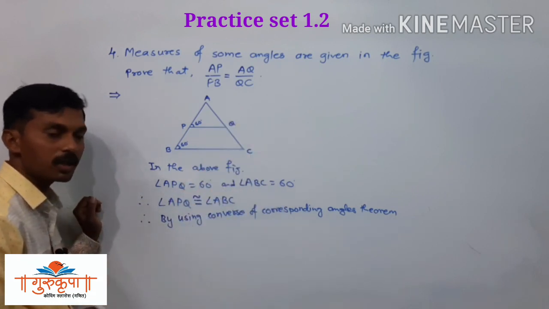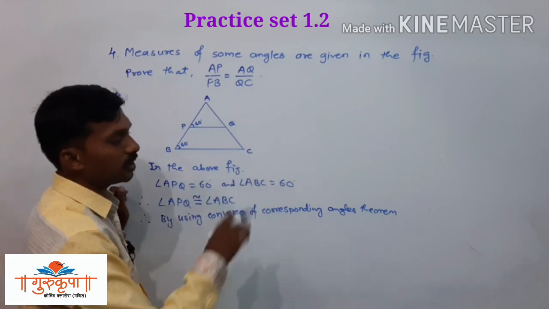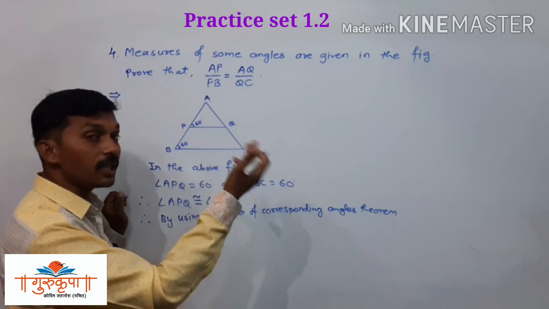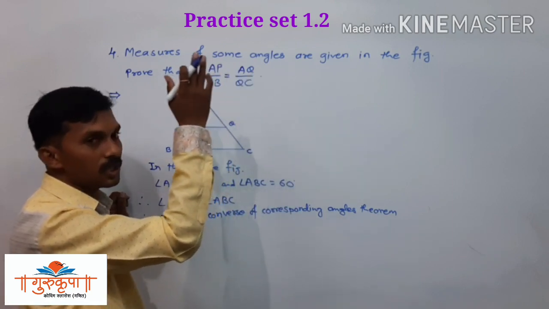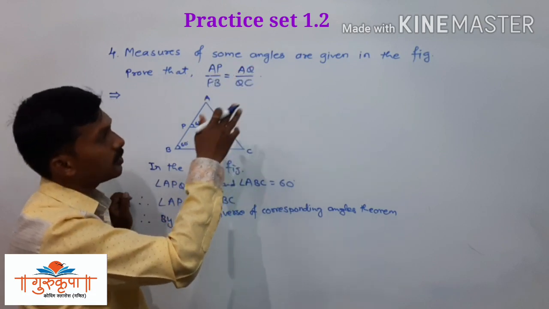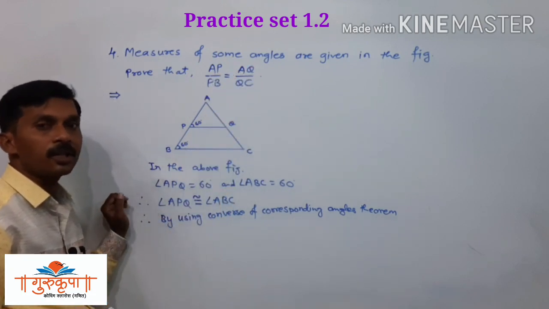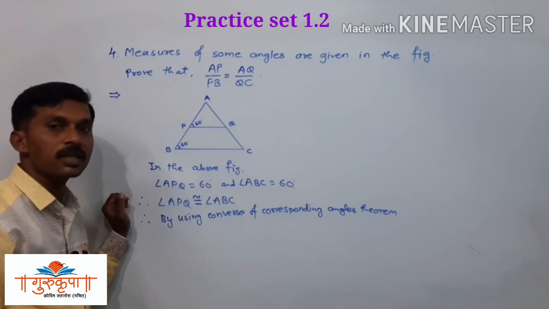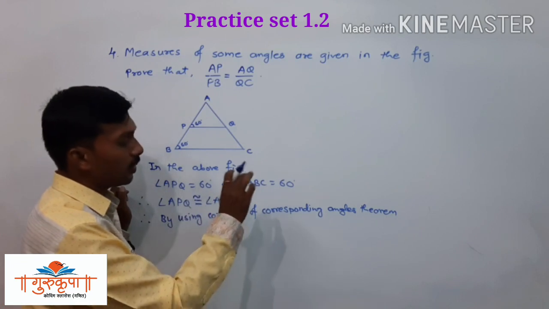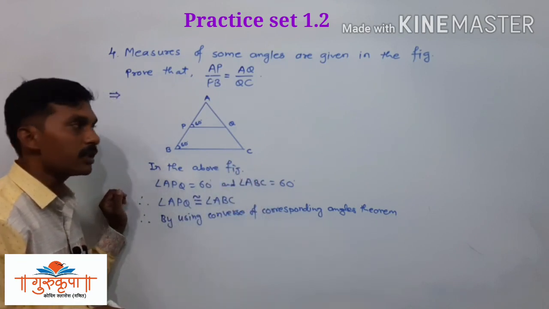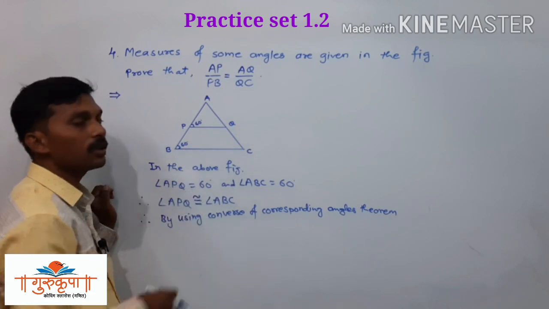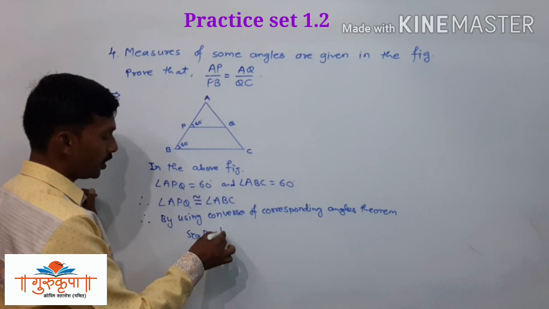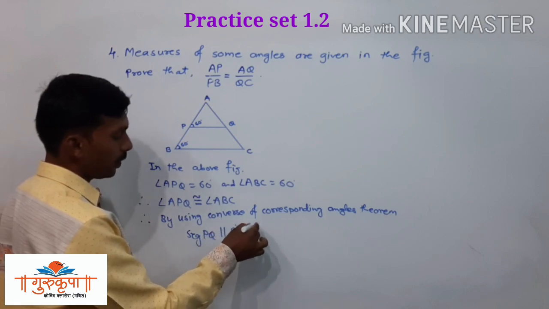Converse is not the word there, but we can write by using the converse of the corresponding angles theorem, or by using the corresponding angles test. We studied this part in 8th standard mathematics, second lesson, parallel lines. By using the corresponding angles test, we are able to say that PQ is parallel to BC. So here you can write: side PQ is parallel to side BC.